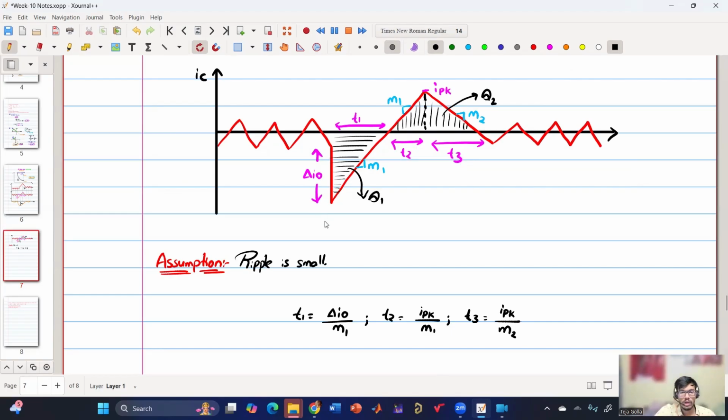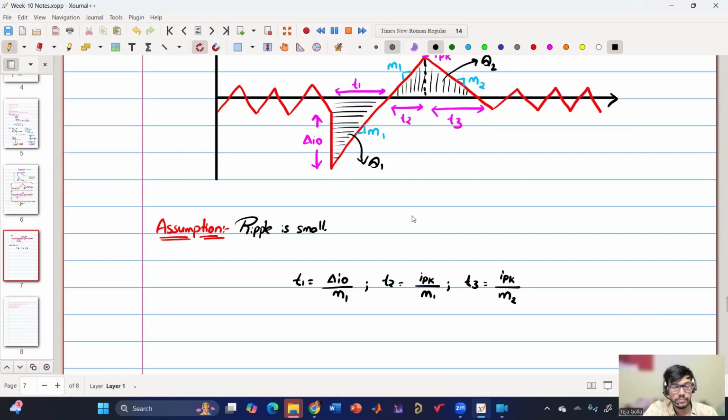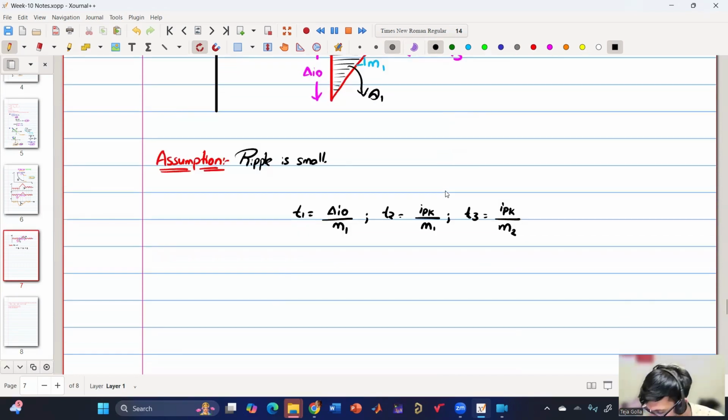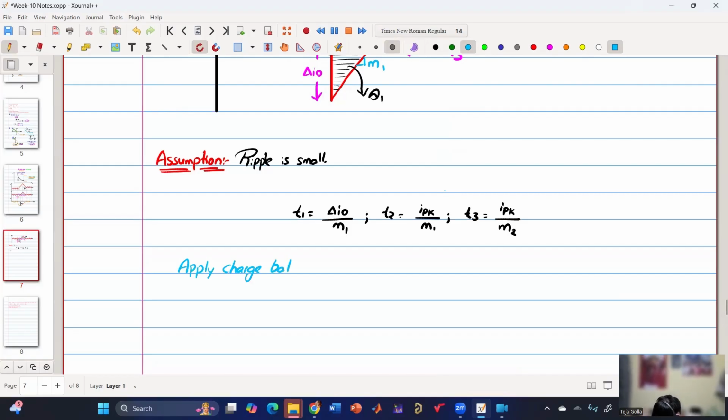Now what we are going to do is apply charge balance. The capacitor current should follow charge balance so that the effective charge is 0, which means Q1 and Q2 should be equal. So Q1 is equal to Q2.